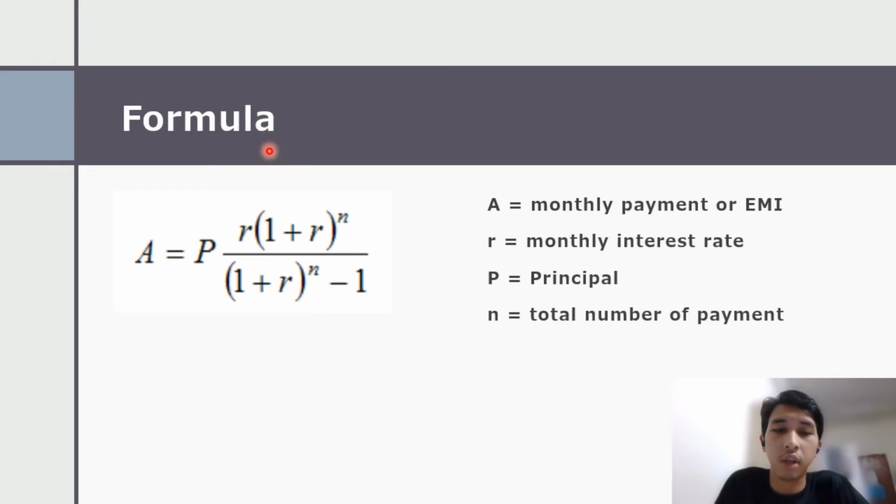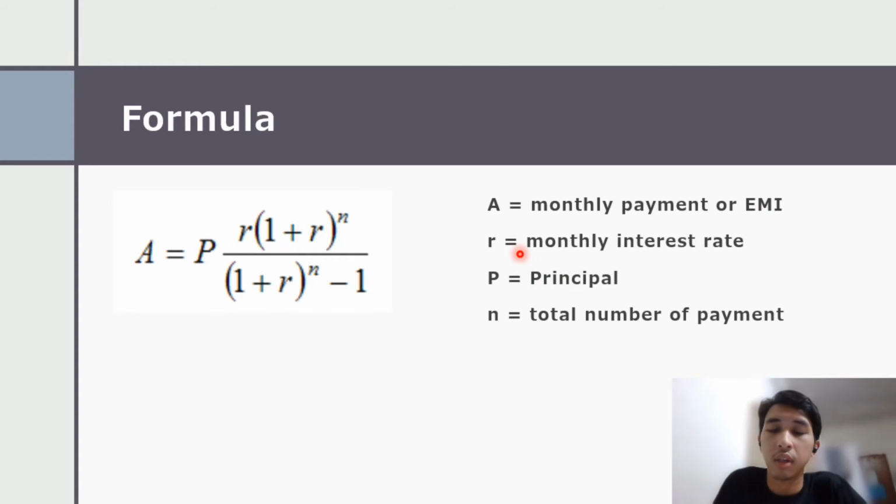For the formula of amortization, we will use this formula, where A equals P times R in bracket 1 plus R power of n divided by 1 plus R power of n minus 1. A is defined as the monthly payment or EMI, known as equated monthly installment, a set monthly payment provided by a borrower to a creditor.